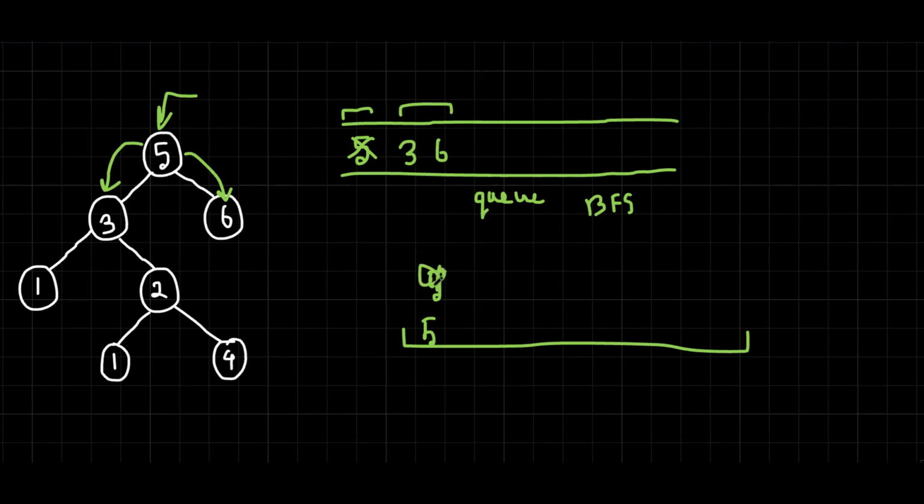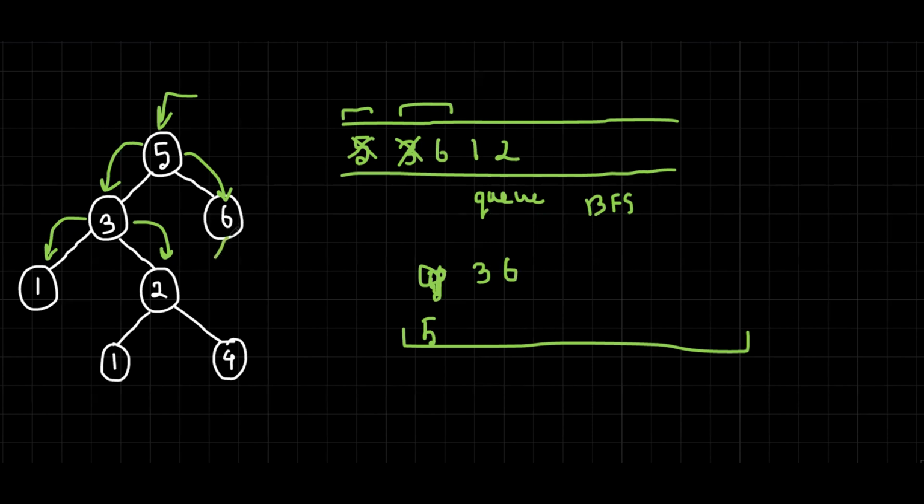So here our top element of the queue is 3. So we have to remove 3 from the queue. And let's consider it here. And 3 has two children, 1 and 2. So we have to add them into the queue. Now our top element of the queue is 6. So we have to add 6 here.